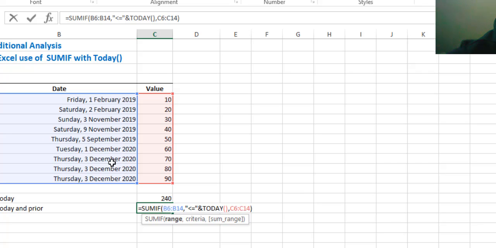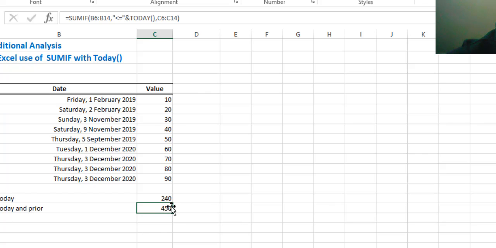In this range, we are analyzing these dates, and if these dates are less than or equal to, and today, this ampersand, as I told you, concatenates these mathematical operators, this conditional operator, and the TODAY function. Then we would like to sum this side, which is marked in red. So this is the total of this data.